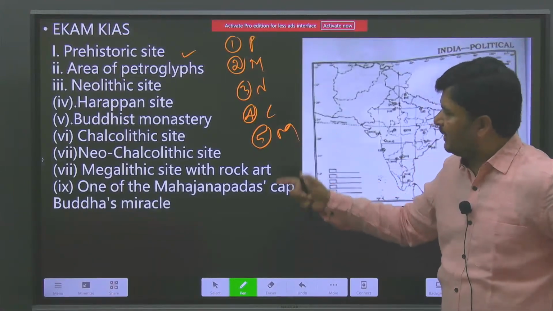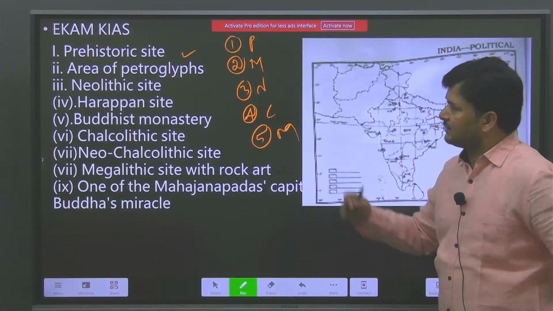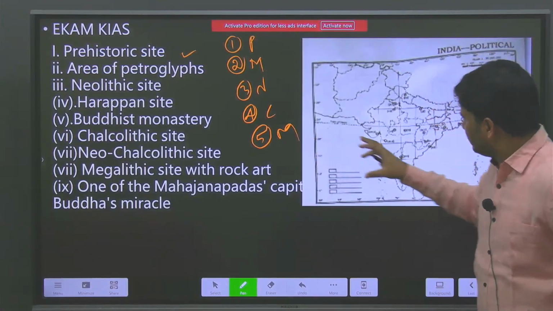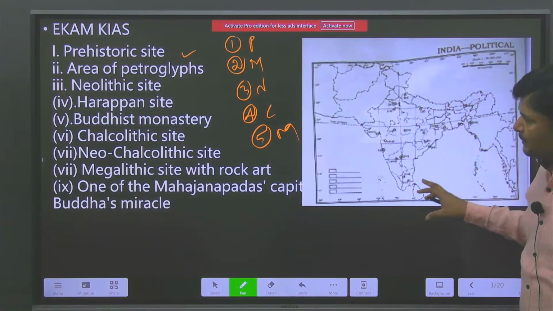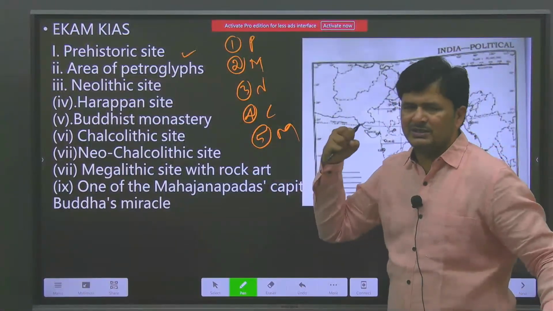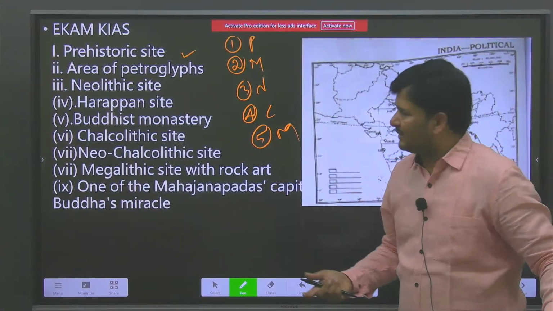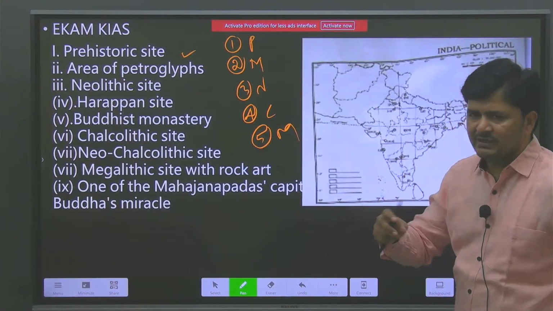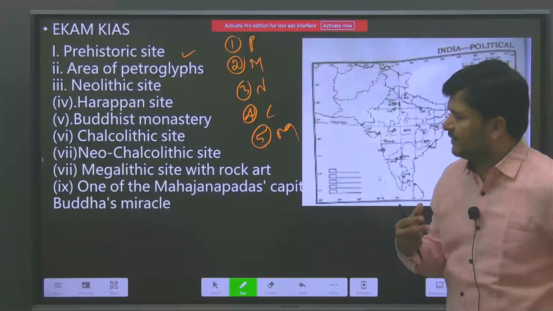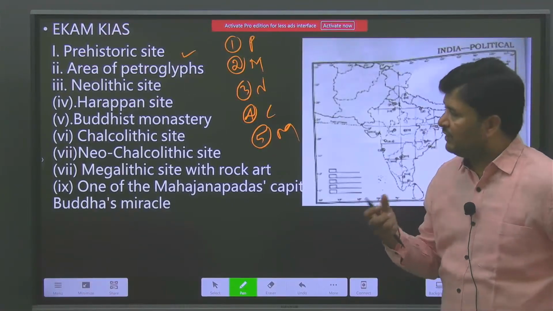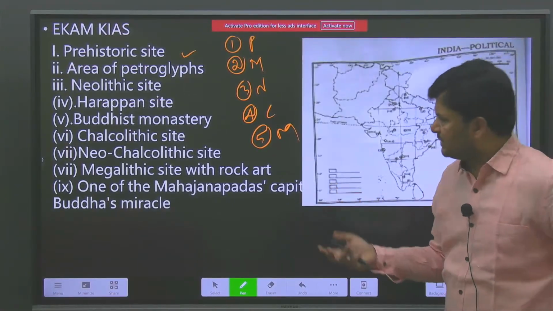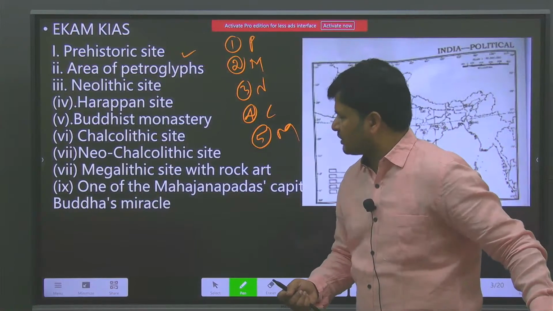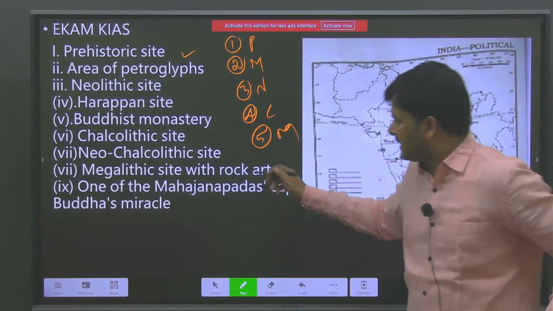The second one is the area of petroglyphs. The third one is the Neolithic site, which is already located on the map, and then the Harappan site. You can easily write 2 to 3 lines on the Harappan site, even the Neolithic site. The significance of a Neolithic site is that we found agricultural production and wheel-made pottery, so 1 or 2 lines you can easily frame. This is followed by the Buddhist monastery, Chalcolithic site, and Neo-Chalcolithic sites.